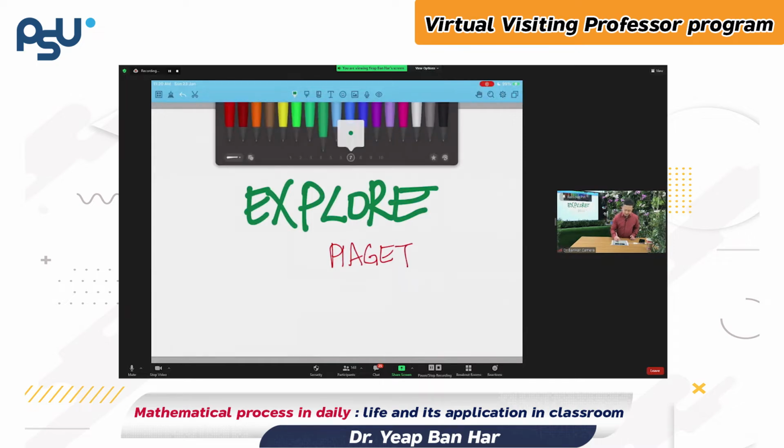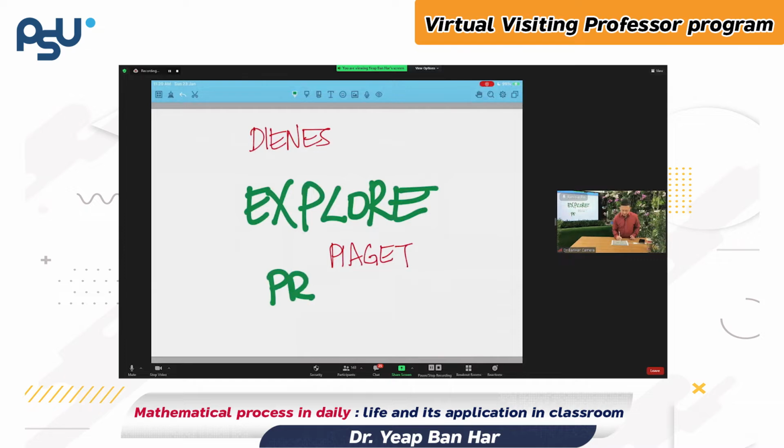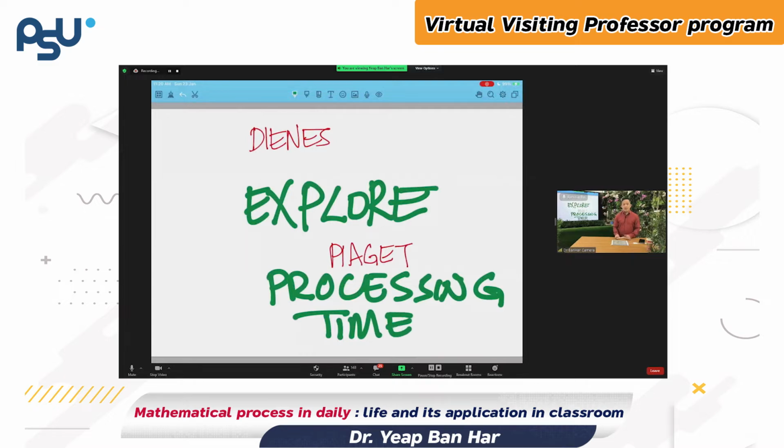Piaget talks about processing time. So I should let the students have a bit of time. But I say 10 minutes. I give them the problem. I give them time. Why do I give them time? Piaget said so.